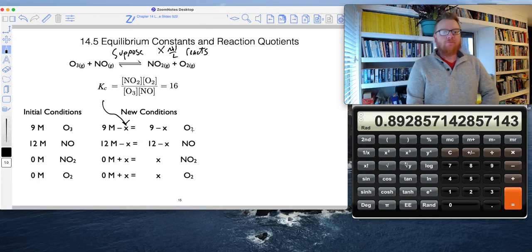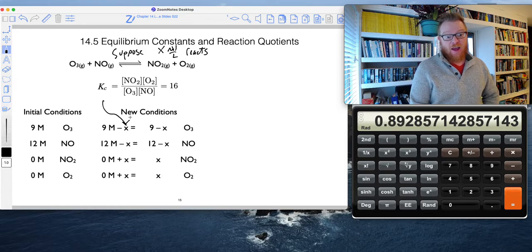So now we're just going to plug in our new conditions. We're still starting with the same initial conditions, 9, 12, 0, and 0. But now we're saying suppose X reacts instead of 5.